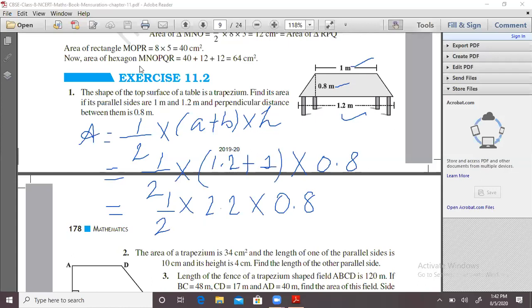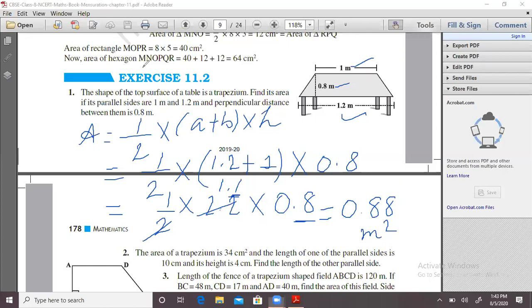If you cancel, you will get here 1.1. It's 2.2. So when you cancel by 2, it will be 1.1. Then 1.1 into 0.8 is equal to 0.88 meters square. So the area is 0.88 meters square. 11 into 8, 88. There are two numbers after the decimal, so in the answer there should be two numbers after the decimal. So it will be 0.88 meter square.